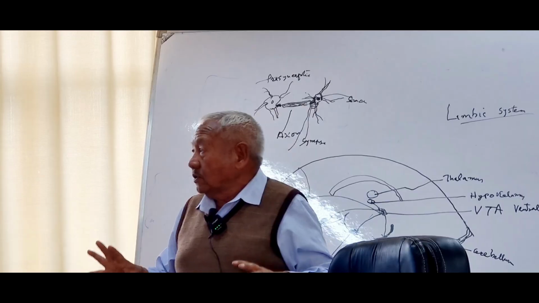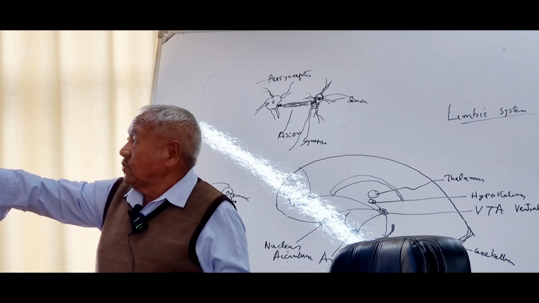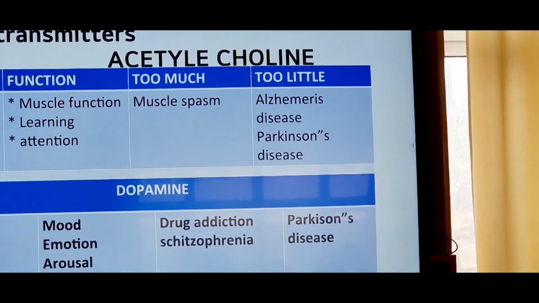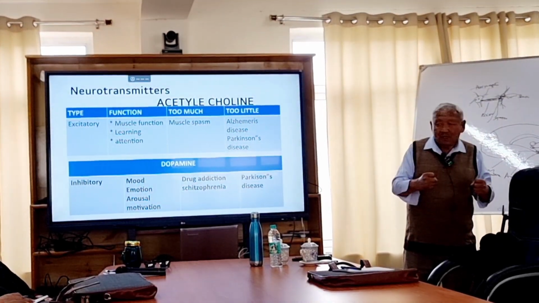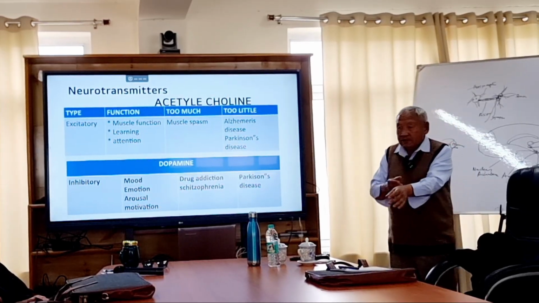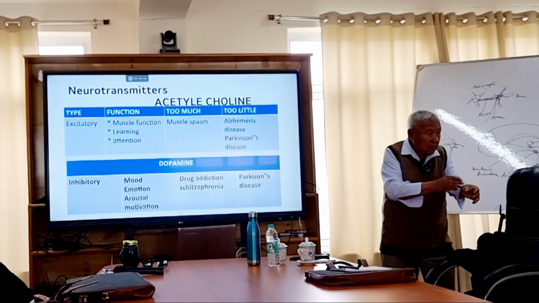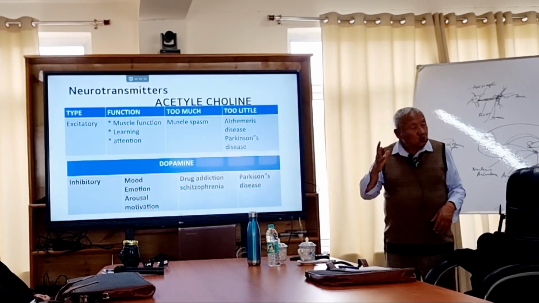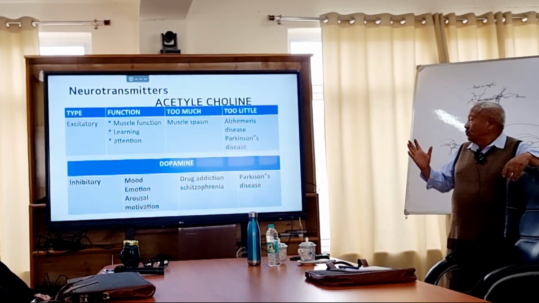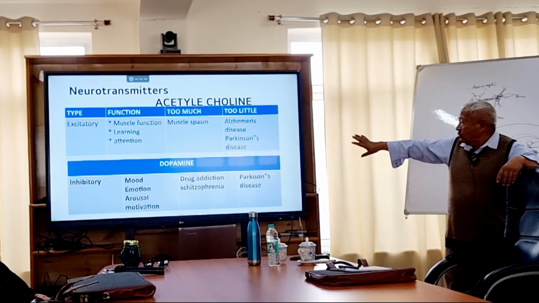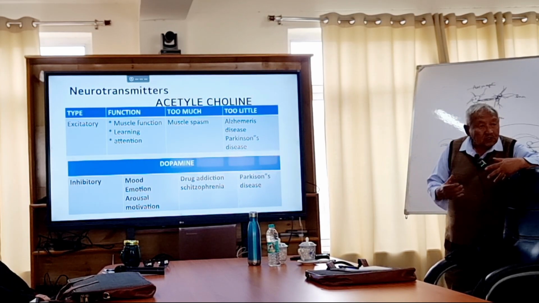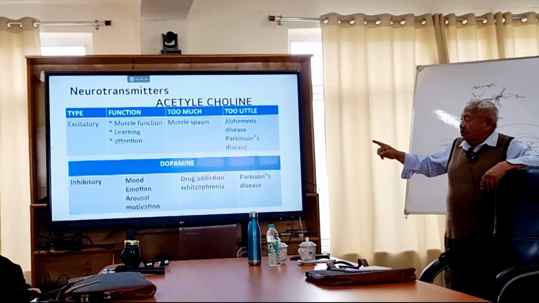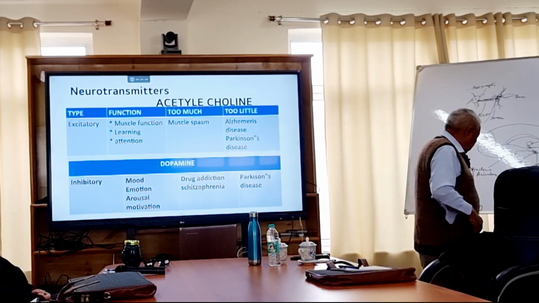Now, by any means, if this acetylcholine becomes too much, then we can understand that it will cause muscle spasm, because this neurotransmitter is acting on the nerve of the muscles here. If it becomes too much, then it will cause muscle spasm. If acetylcholine is too little, I'm sorry, the Alzheimer's spelling is wrong, it causes Alzheimer's disease and Parkinson's disease.